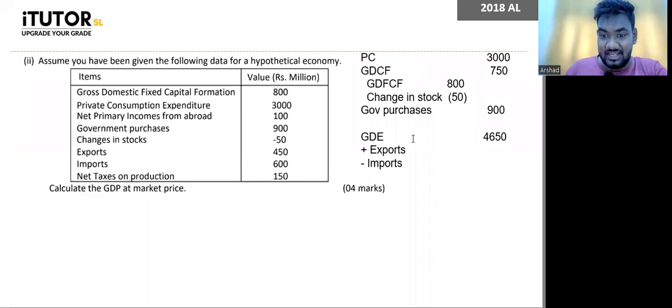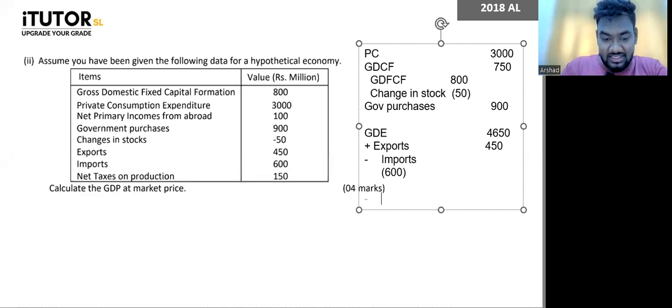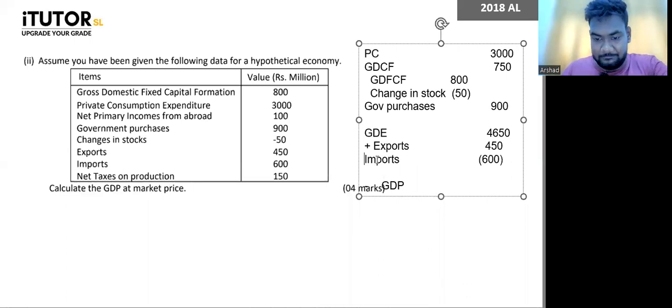So how much is that? Exports are 450. Imports are how much? Imports are 600. So you need to minus that 600 and then you can get GDP. How much is that? What's the number, guys, for GDP?